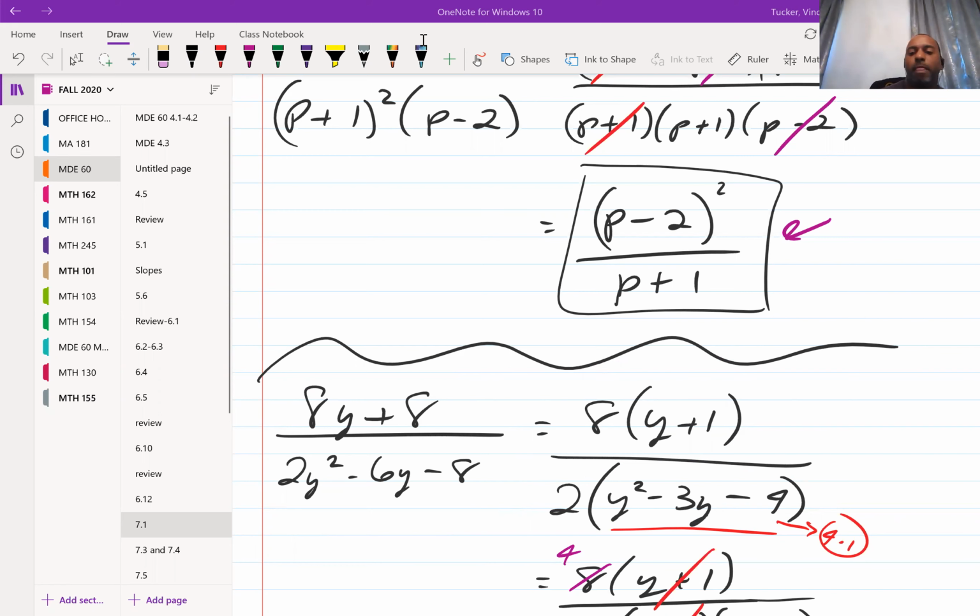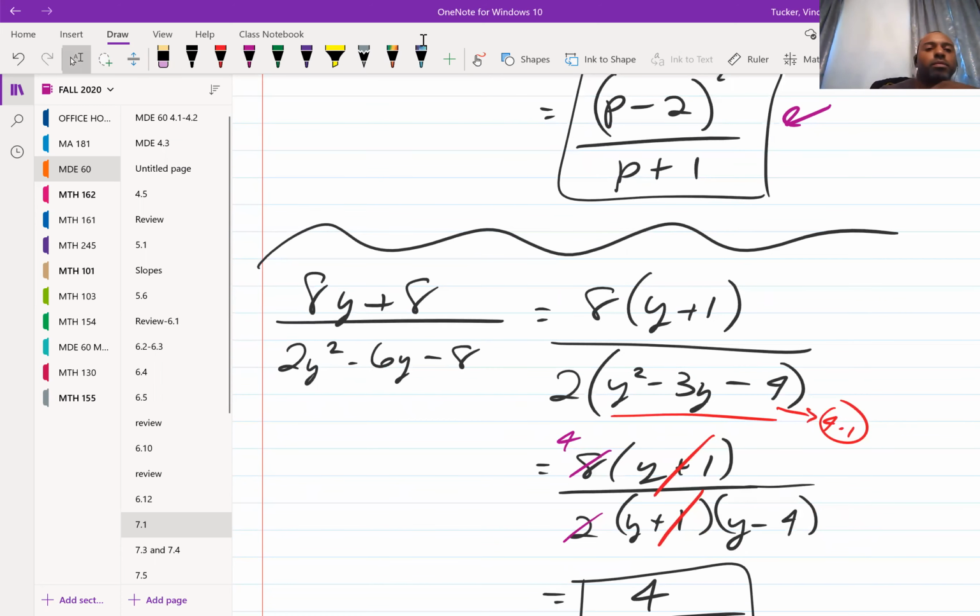All right. Now, the numerator is factored out as much as possible, but here in the denominator, we factor out the trinomial. That'll be that y squared minus 3y minus 4. And factoring out the trinomial gives you y plus 1, y minus 4.